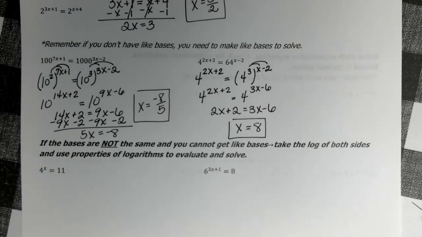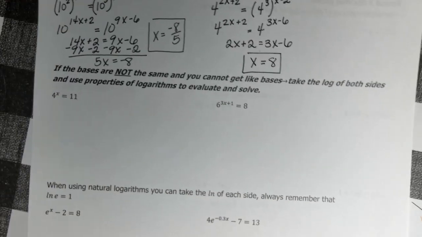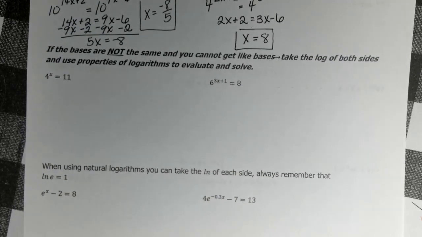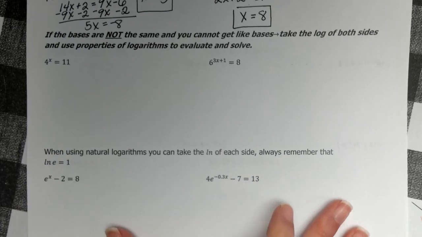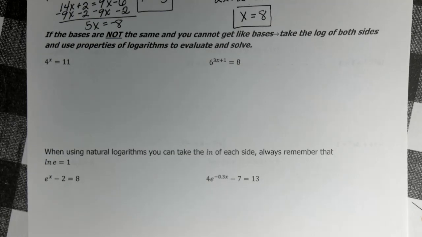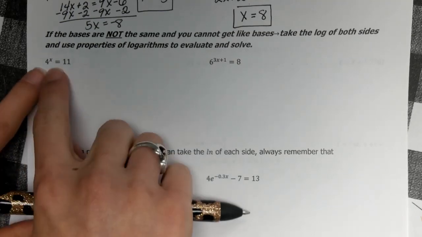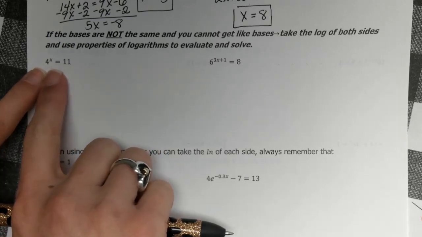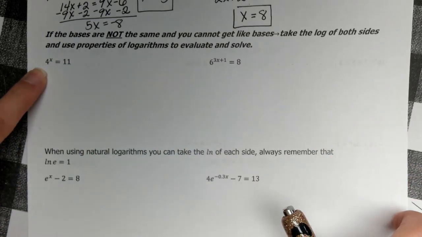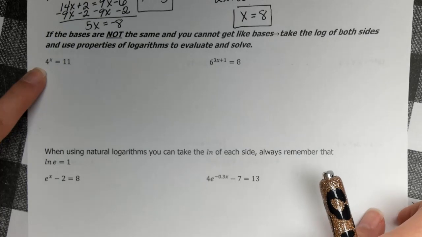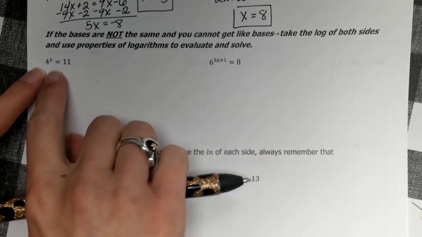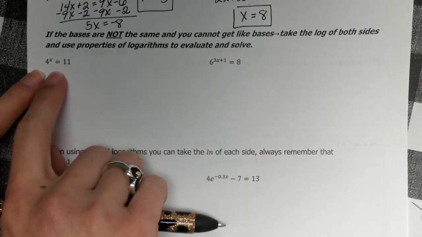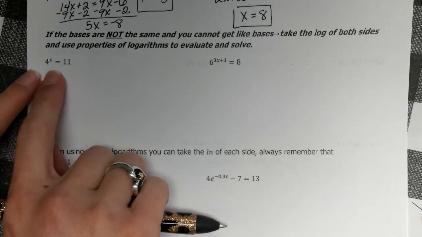Okay. So, what if you cannot manipulate it to become like bases? So if I had 4 to the x power equals 11. Okay, I cannot make an 11 a 4. I can't make an 11 a 2. Okay, so what you're going to do, this is exponential form, right? What's the inverse of that? Log, right? So when I give you an exponential equation that cannot be manipulated, you're going to take the log of both sides.